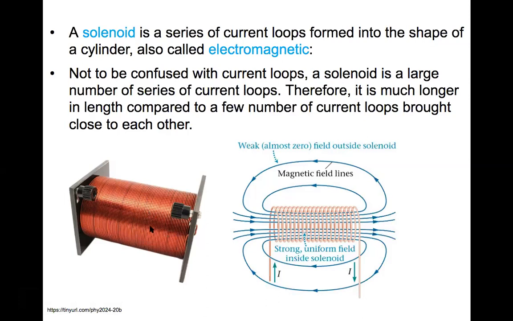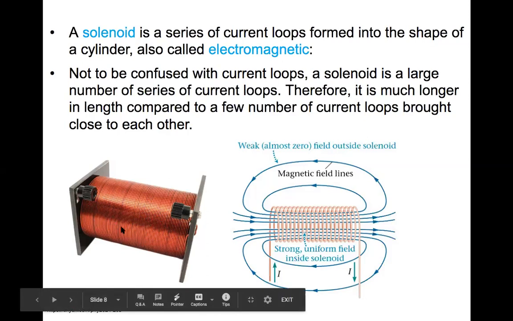If you look carefully, you can see wire loop by loop wrapped around it. The two ends of this one wire will be the two terminals here, and you can send current into these two terminals, indicated by these two knots. This is the actual physical picture of a solenoid.